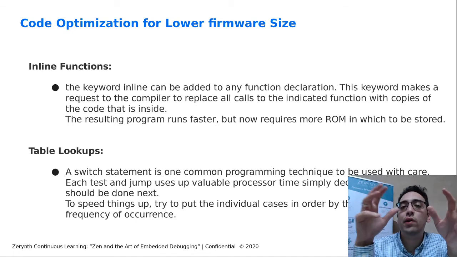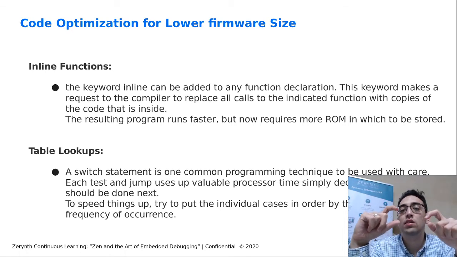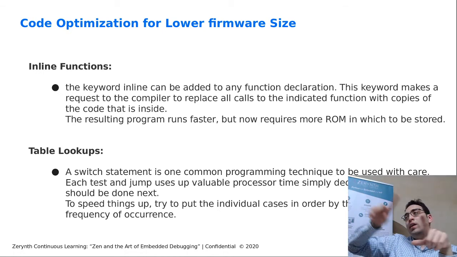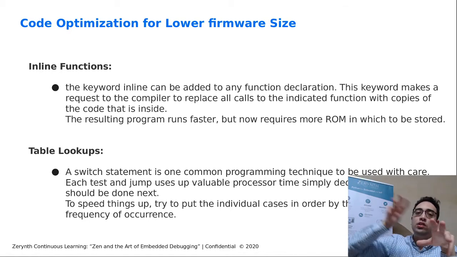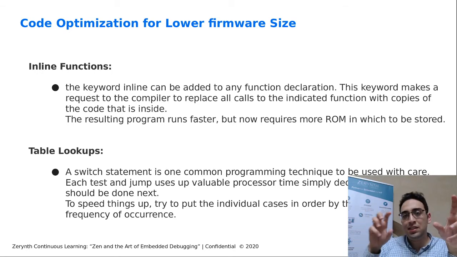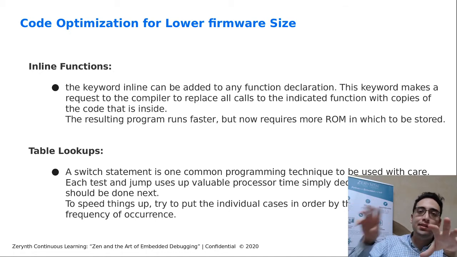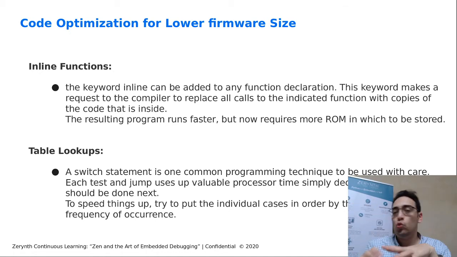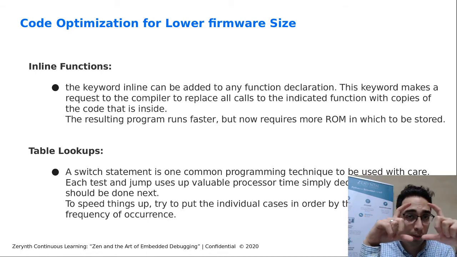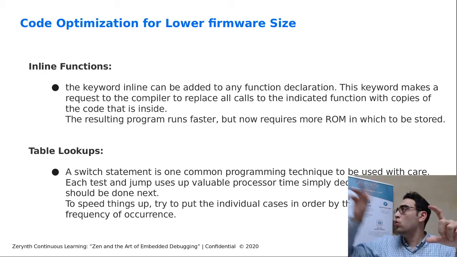Essentially, what I'm telling the compiler is that this function should be executed in a fast manner. So instead of calling this function, I want to copy the content of the function and bring it back here. So inline means that the content of the function, basically what the function does, is copied and put here. That makes the code run faster, because I don't have to leave this context, switch, and call and execute this function.